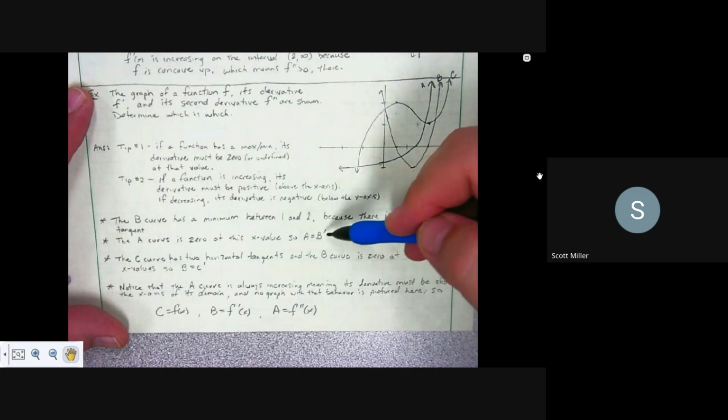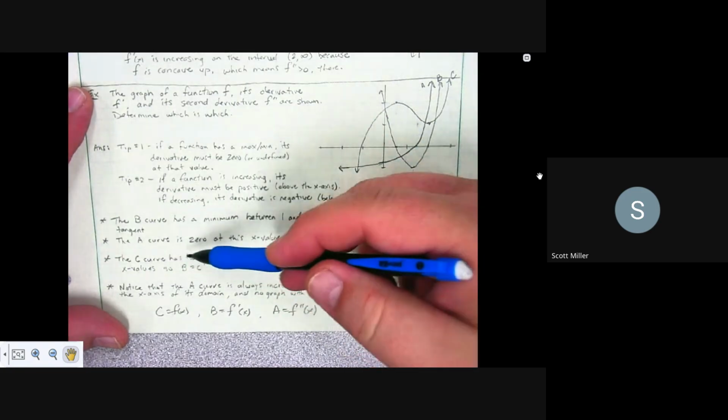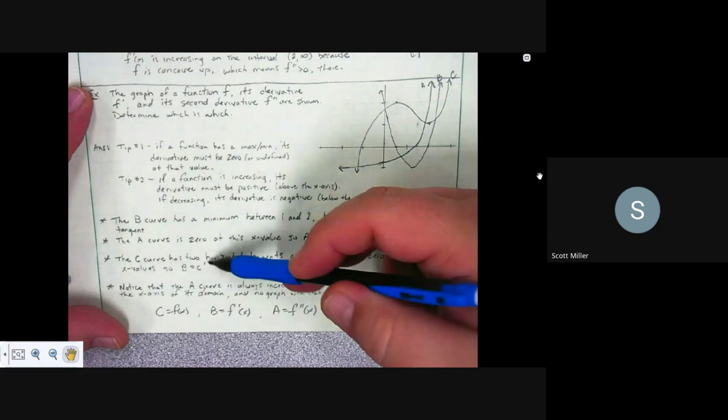So look at B. B has a horizontal tangent right here, and A has a 0 there. That's what it was talking about. So because of that, A is the derivative of B. C has 2 horizontal tangents. The B curve has zeros at those locations. We did that one already. So that tells me that B is the derivative of C.